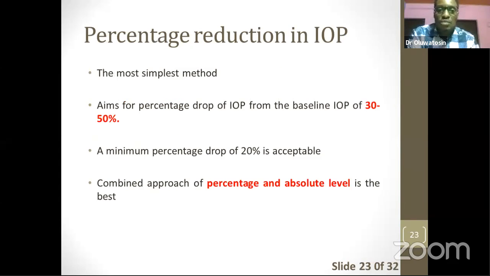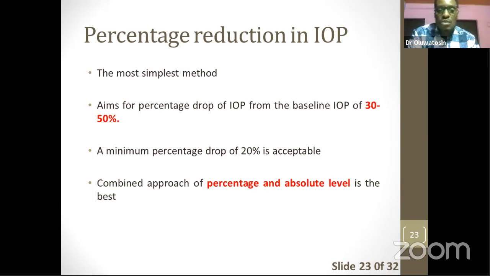Then the percentage reduction method is the simplest method, and it aims for a percentage drop of intraocular pressure from the baseline IOP.